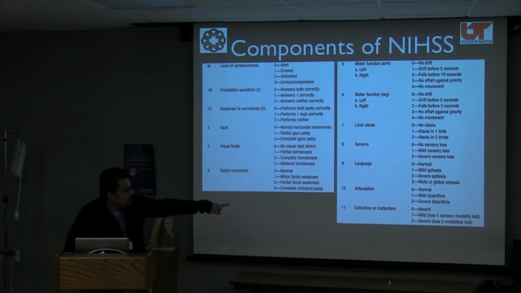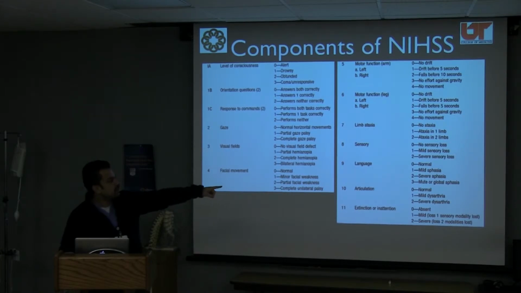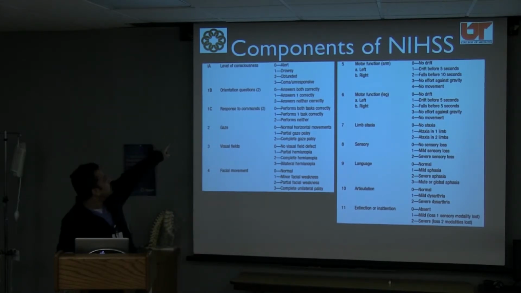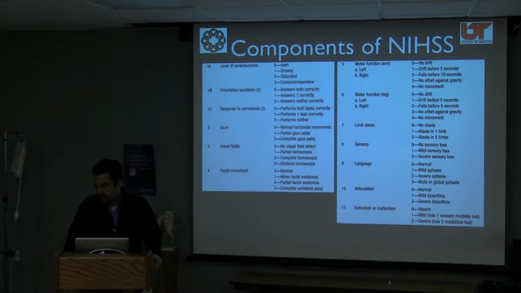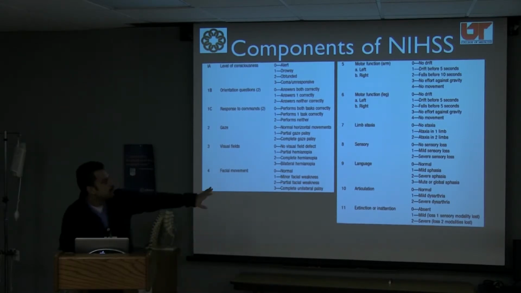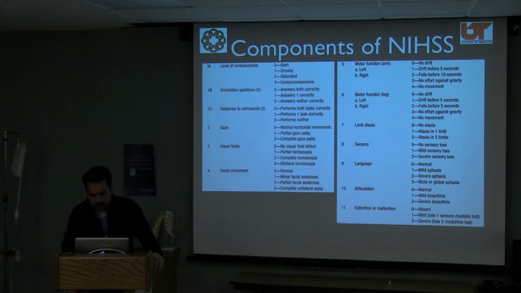You'll also have an idea of the dysarthria there. And you don't have to have them read things or name the objects in the card. You'll get an idea whether it's 3 or 2 or it's just 1, from 1B, 1C, and a little bit more there. Now that'll be the language, and while you're talking, you already know whether it's a dysarthria or a severe dysarthria. And you don't really have to check extinction. So this will be like a Q1, Q2 NeuroChecks if you're doing that for a post-TPA patient.